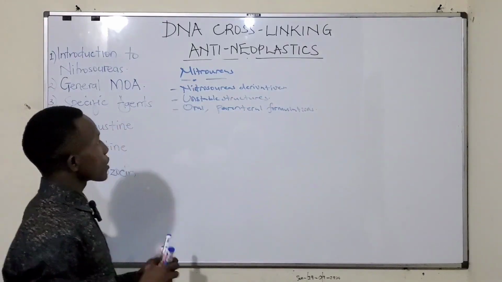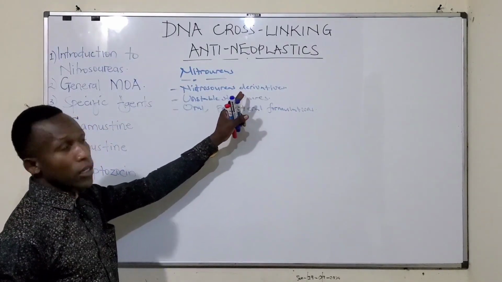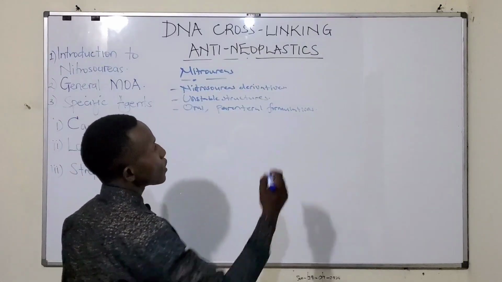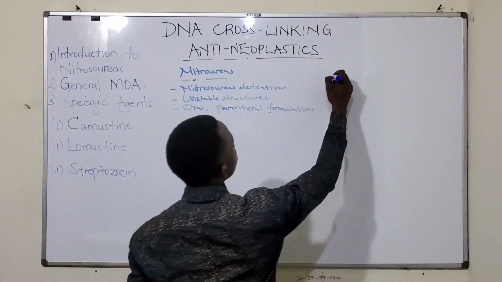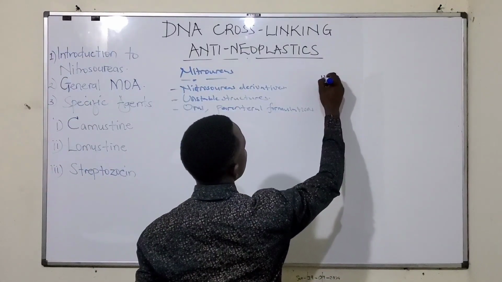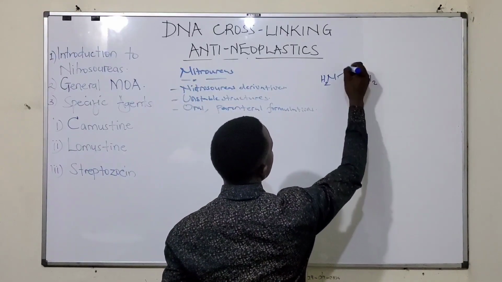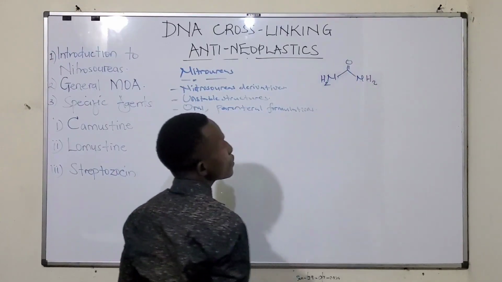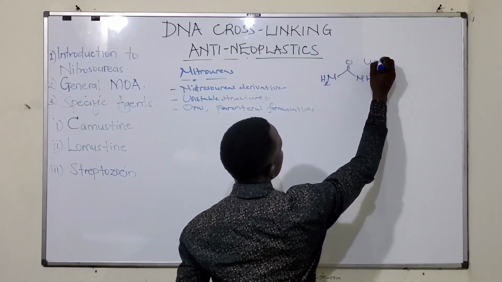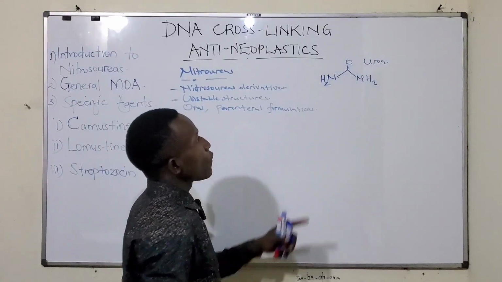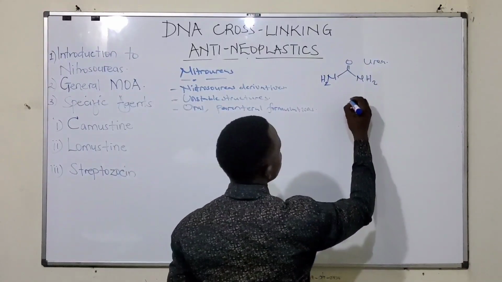As the name suggests, we say that they are nitrosourea derivatives. This is the structure of urea. This is urea. For nitrosourea, this is the structure.